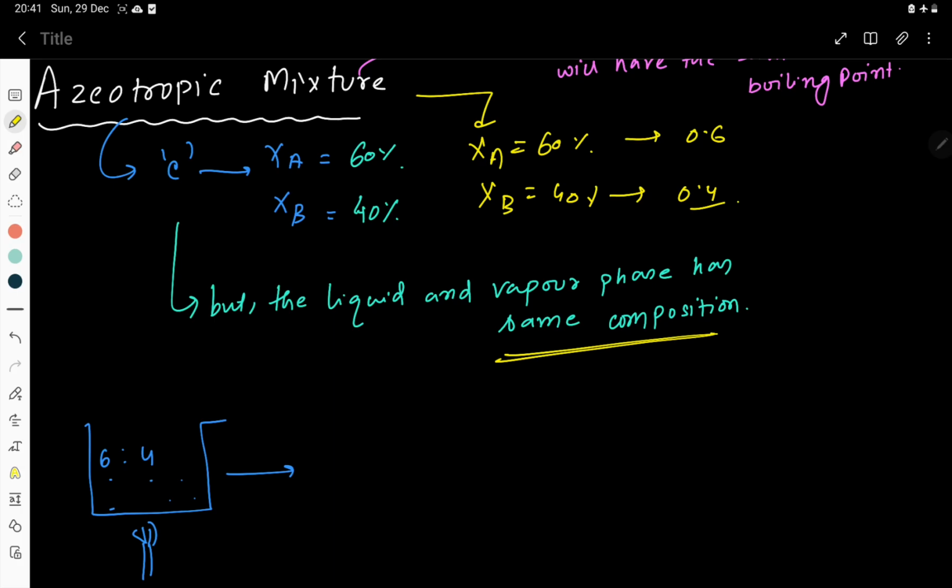Here note one thing: I am saying the liquid and the vapor phase has the same composition, but inside the liquid, the two components may not have the same composition. Here I have shown that the mole fraction of component A will be 60%, and component B of liquid will have 40%.